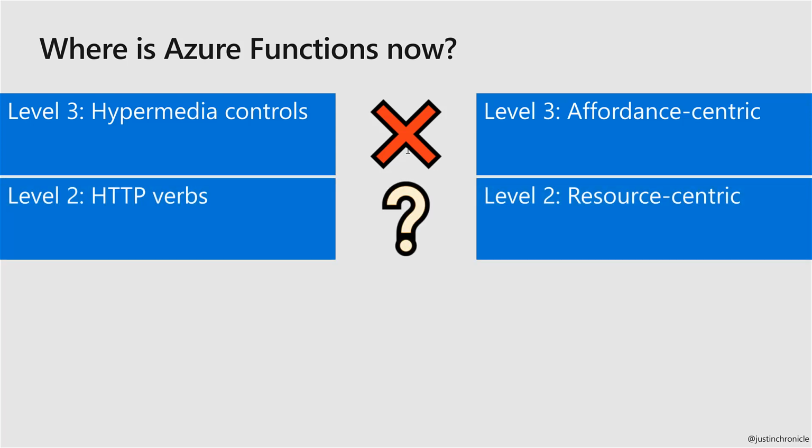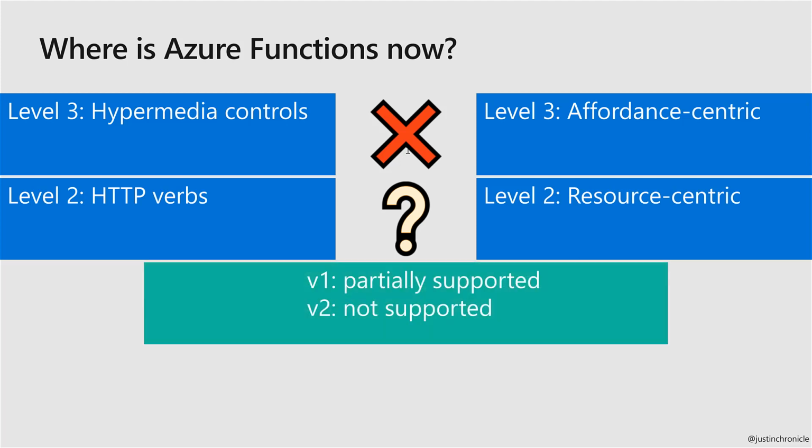At level 2, it's partially supported, which means in version 1 of Azure Functions, the Swagger definition is partially supported. Within the admin area, they automatically generate the Swagger definition, but we have to modify it for complete use. And unfortunately, version 2 doesn't support the Swagger UI yet, which is a little bit sad.